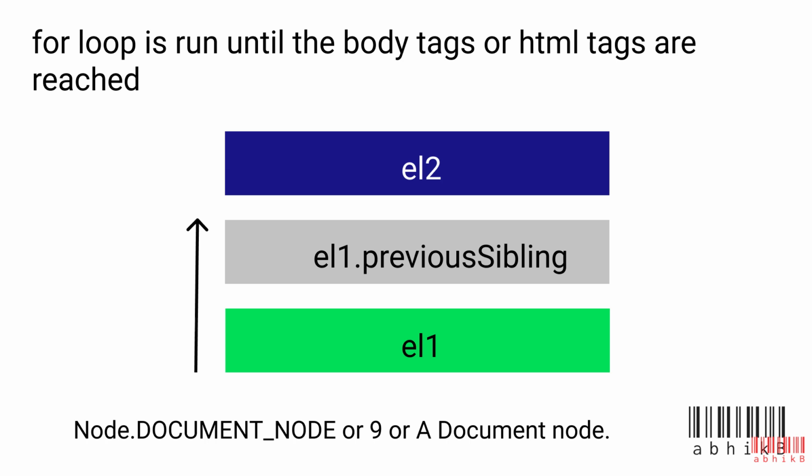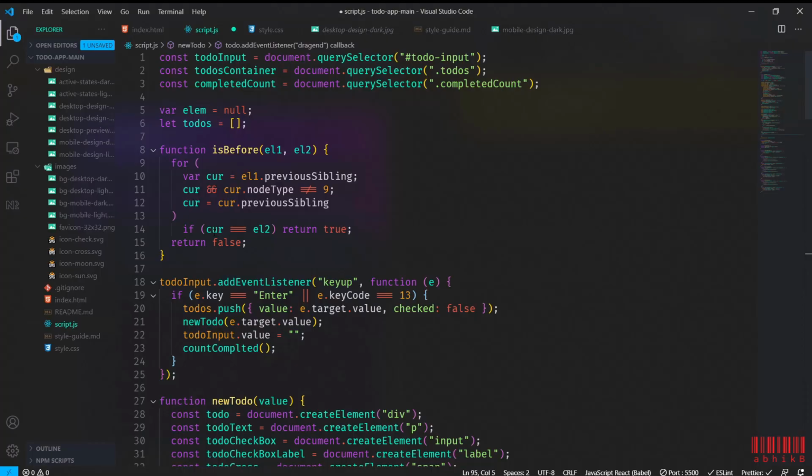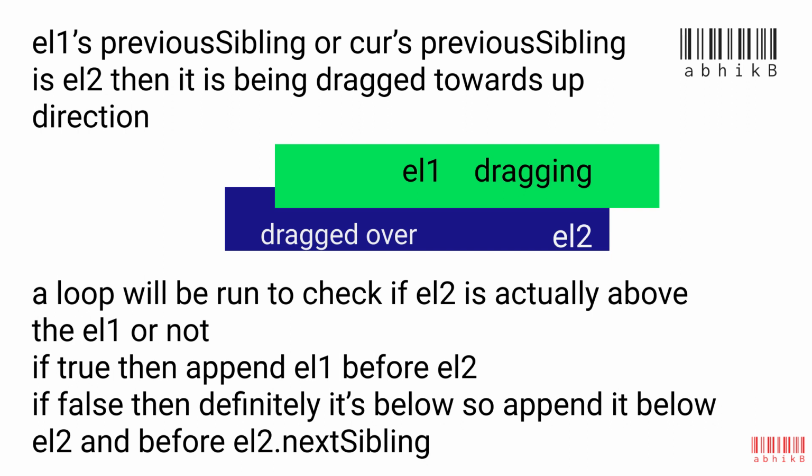If it is not, then it will set cur to its previous sibling, and every time the loop runs, the value is changed, until cur triple equals el2. Until it satisfies that, it will run the loop.